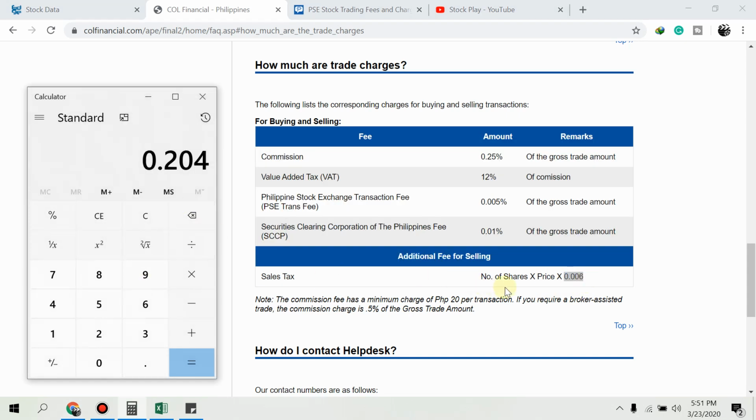So, number of shares natin is 1,000 multiplied by price per share, 2.04, multiplied by 0.006 equals 12.24.